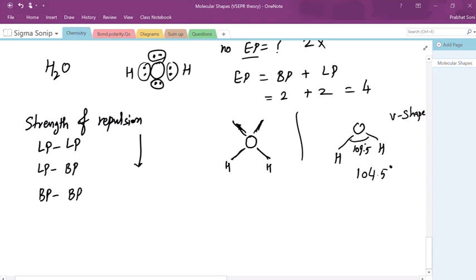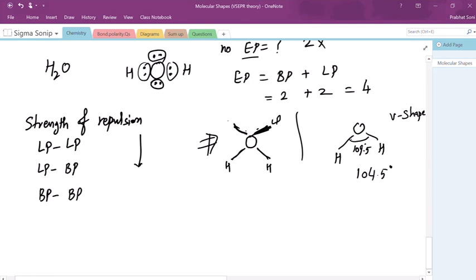So when we take this into account, I come back to this water molecule. This is my lone pair, this is my lone pair, so the repulsion between them is too strong. This is the strongest repulsion, which means these two sticks will be pushed farther away from each other. Why? Because on the other side the force is not so strong.